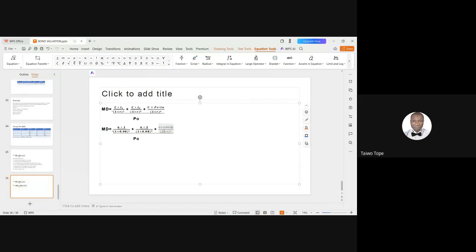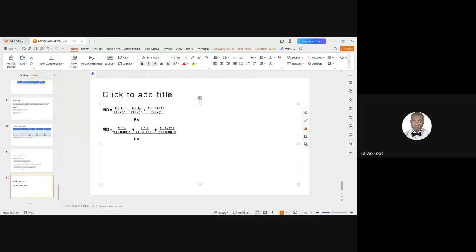So now, 0.08 to the power of 3. Class, simplify this with your calculator. Then your P naught is 94.85.